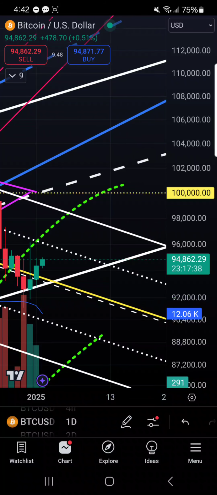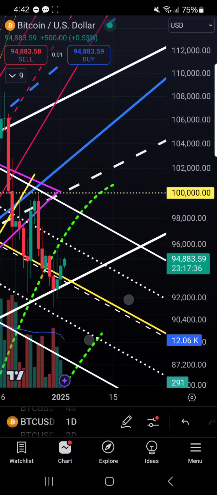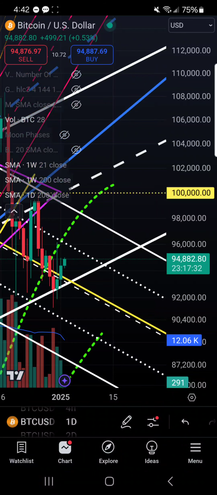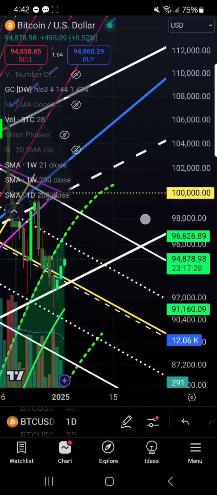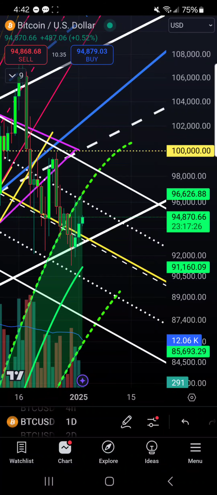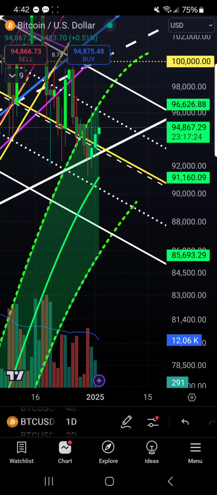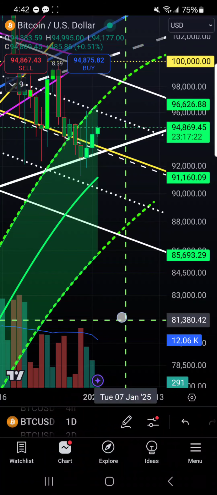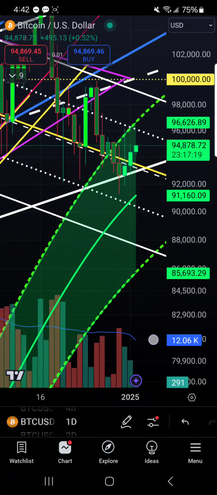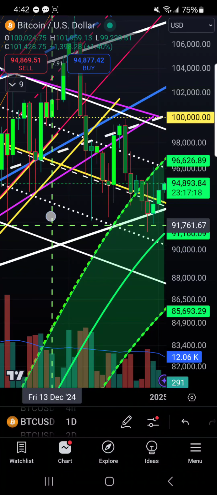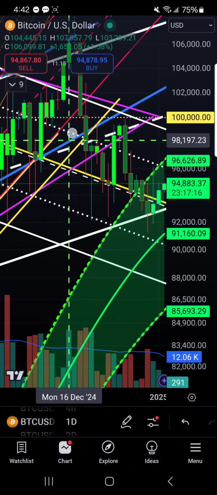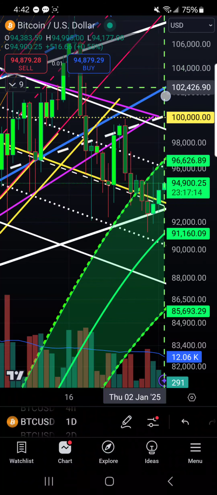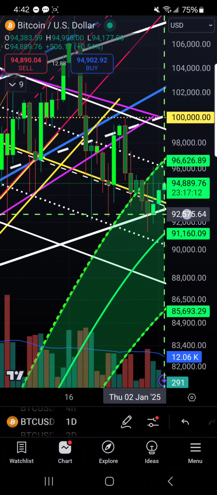Now that also falls in line with interacting with the Gaussian channel. I have the green dotted arcs right there that represent the Gaussian channel, and as you can see here, I just turned it on the daily time frame. And remember, I had been talking about getting close to it here. I thought we would be able to avoid it, continue upwards, and then have that big correction into it.